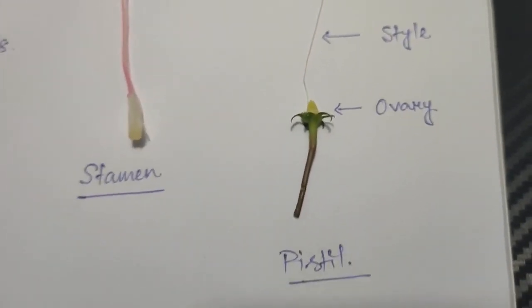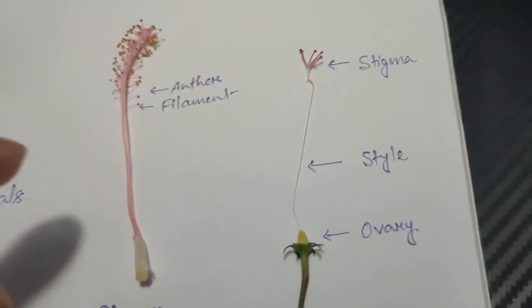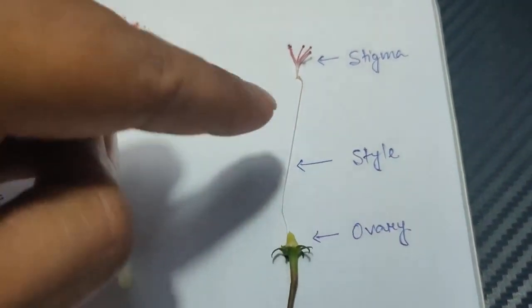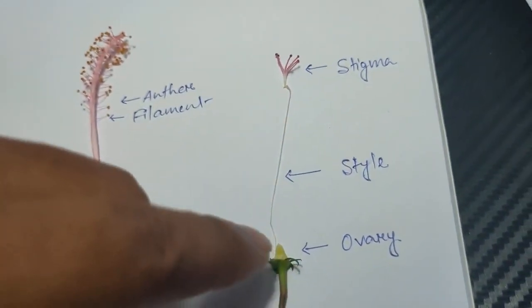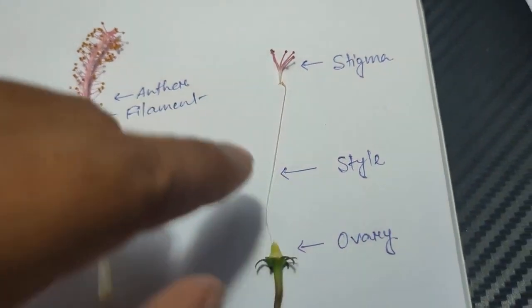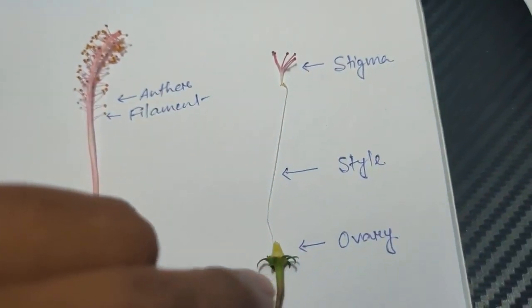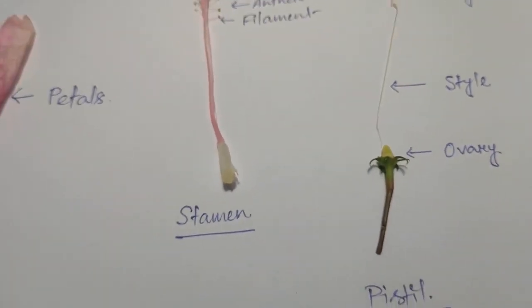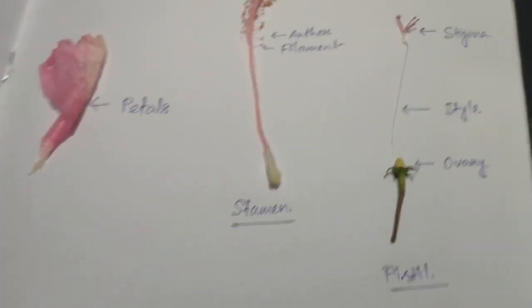So what are the three parts of the female reproductive part? These are stigma, style, and ovary. Stigma is the top part, style is this long tube, and ovary is present at the base. It is a swollen structure compared to the style and stigma, and it is known as ovary. So these are the different parts of this flower.